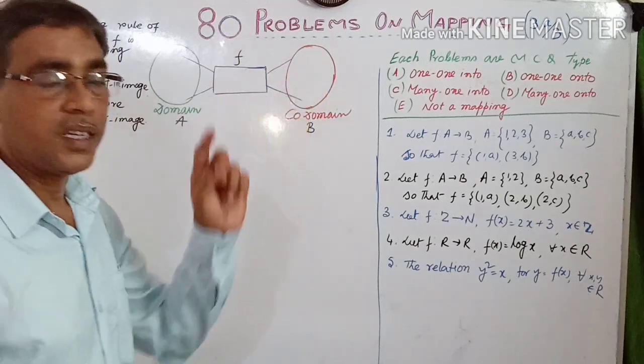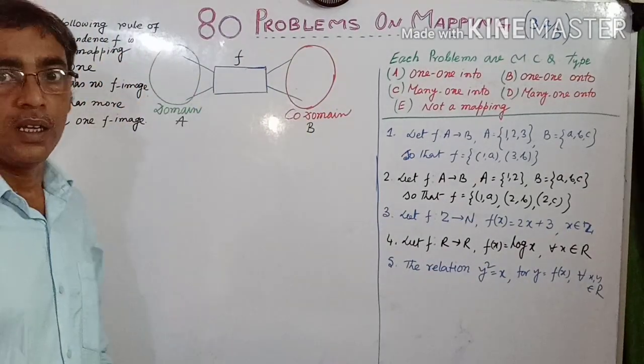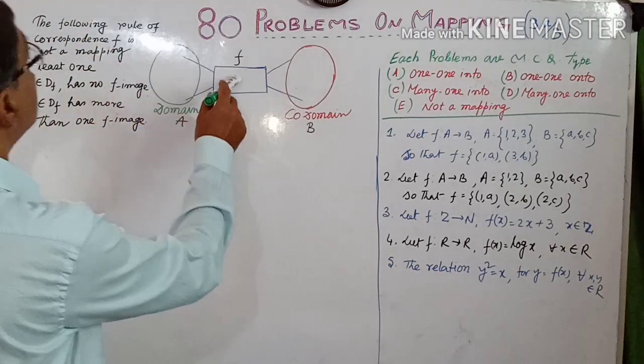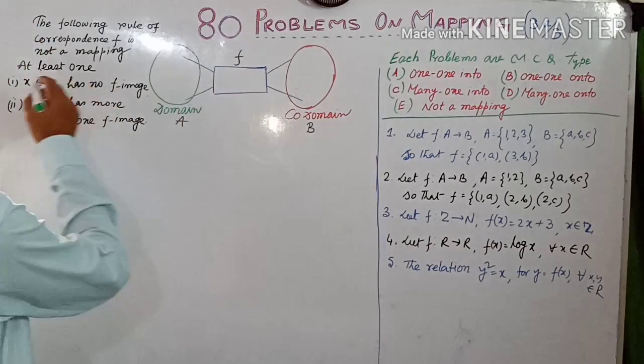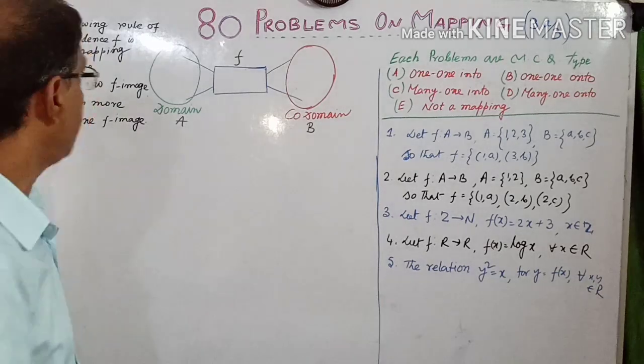At first, I discuss the problems in which the correspondence does not form a mapping. Here, the function is like a machine. There are two cases in which f does not form a mapping.